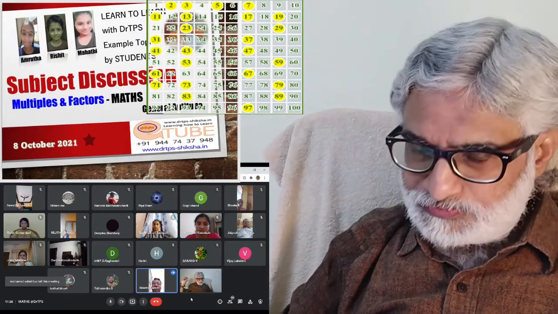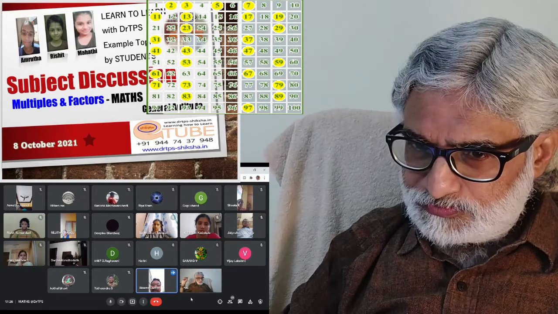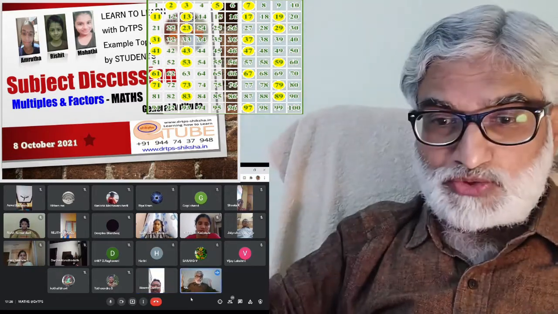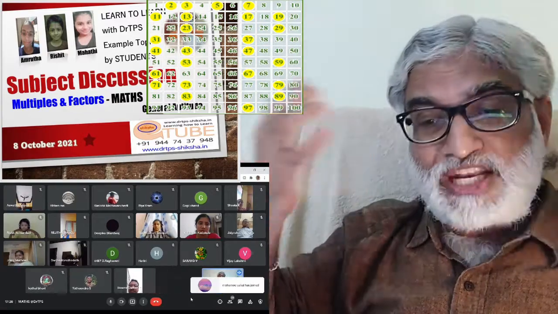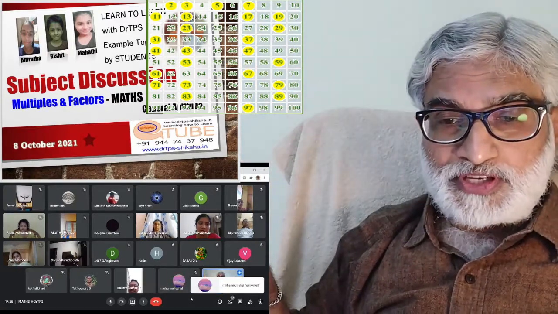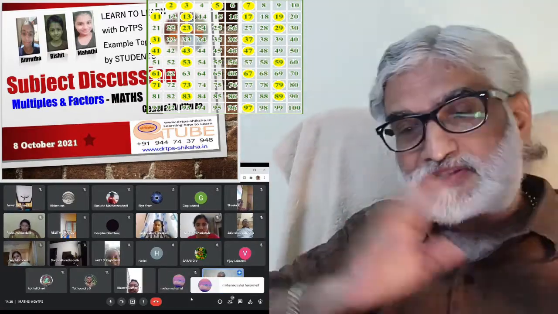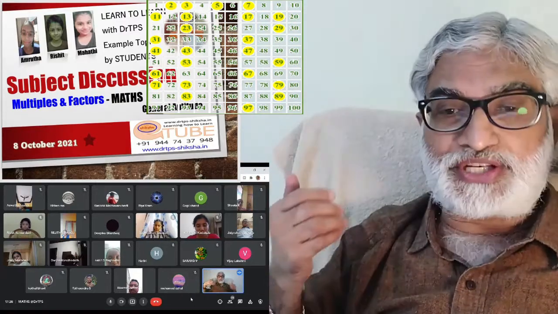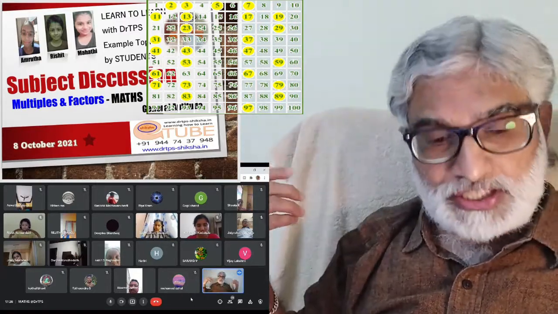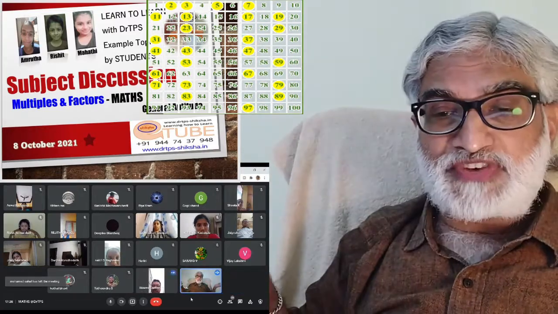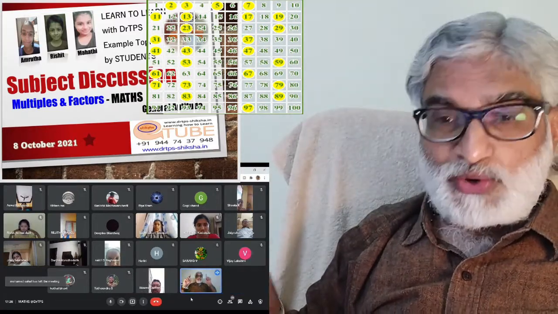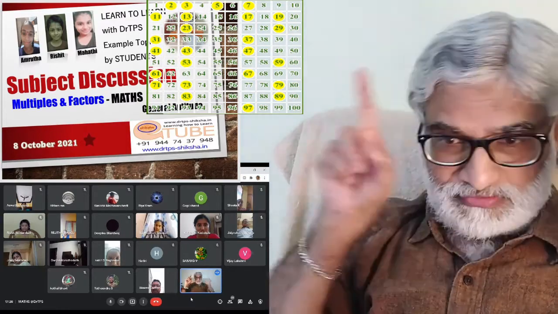And sir, what is the application of factors and multiples in real life? Real life, that's what I am saying. Suppose I want to divide this into 3 pieces, 2 pieces, how many times I can do it, where I can do this, all that is to be understood. Partitioning is very important. Now I have a rectangle.